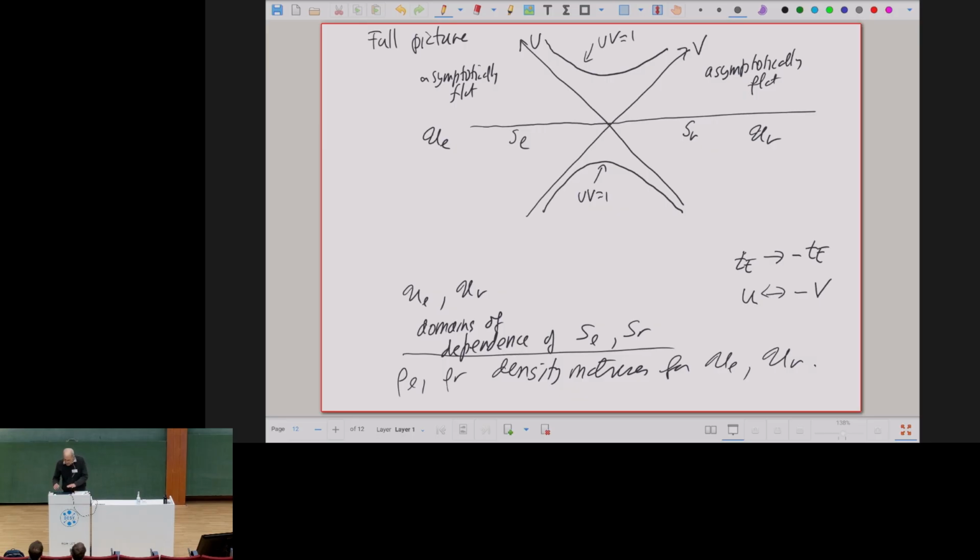Now, I hope this picture reminds you of the picture we had for Rindler space and also the picture I tried to draw but perhaps rushed too much for de Sitter space. To make the picture fully clear, what I should add to it is the action of the Hamiltonian. The Hamiltonian is d by dt in Schwarzschild coordinates.